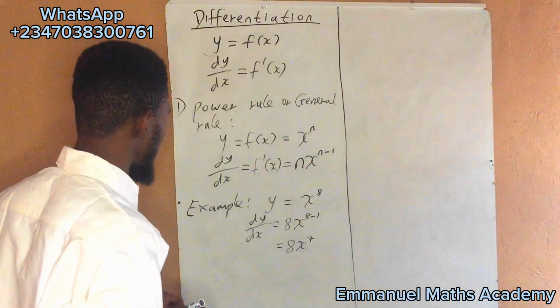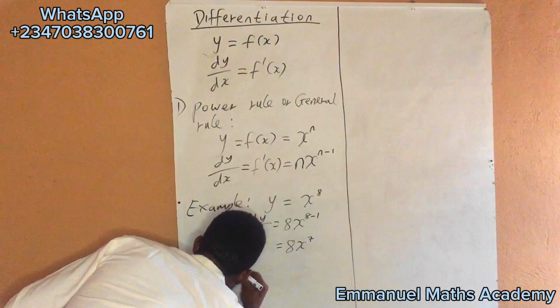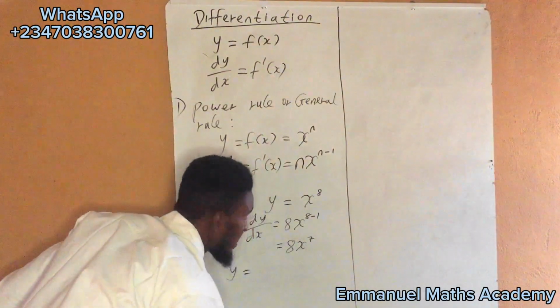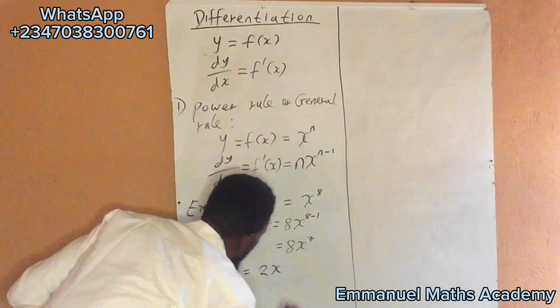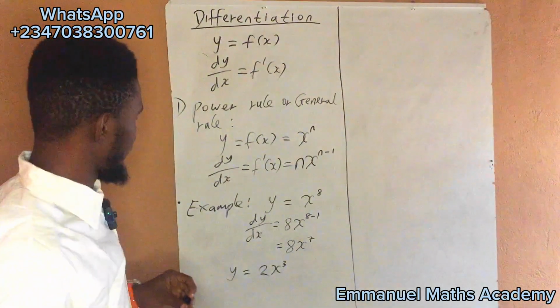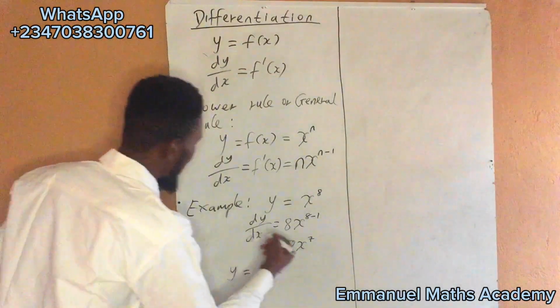Another example, if you are given something like y equal to, maybe let's say 2x power what? Maybe power 3. We can even say 2x power minus 3.